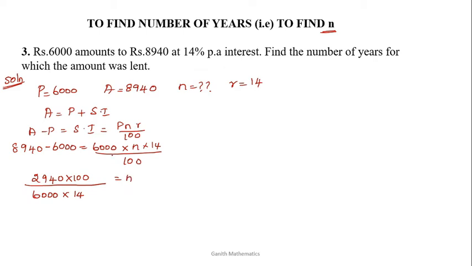Because this 6,000 and 14 are in the numerator, when it comes to the other side, it will be in the denominator, right? These three zeros will get cancelled by the numerator zeros. So we'll have 294 by 6 into 14.